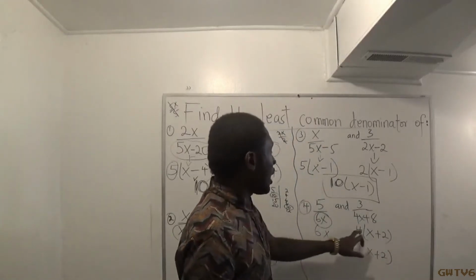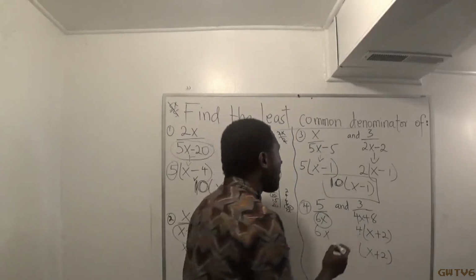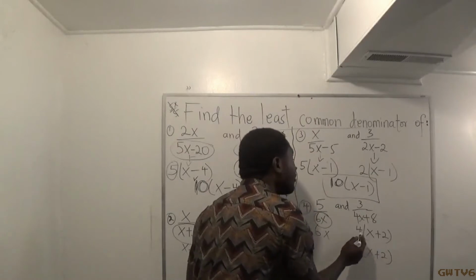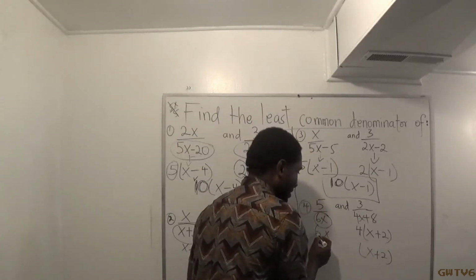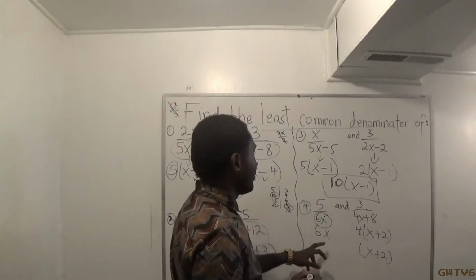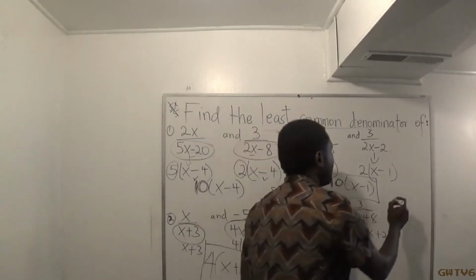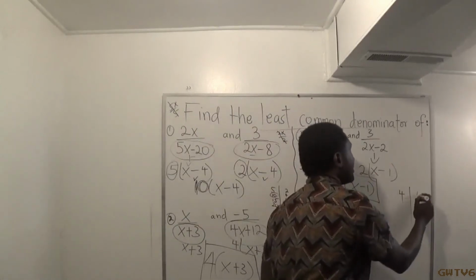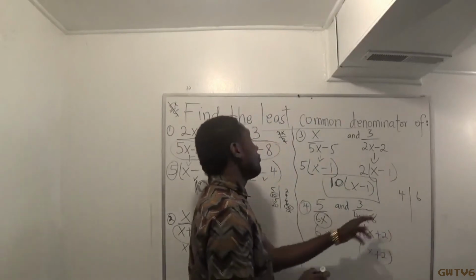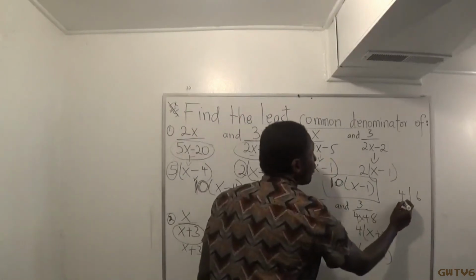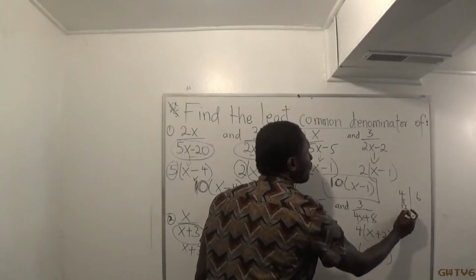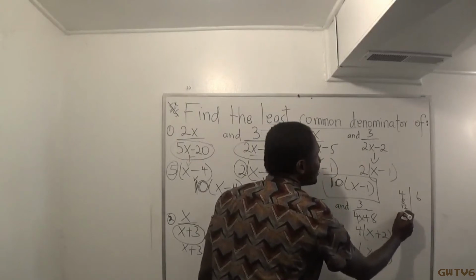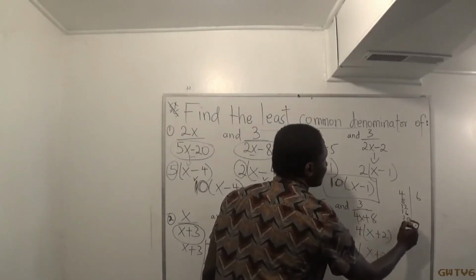And then between what I have outside, I'm going to have to find an LCD for 4 and 6. I'm going to have to find multiples of both numbers. 4 plus 4 is 8, plus 4 is 12, plus 4 is 16, plus 4 is 20, plus 4 is 24.